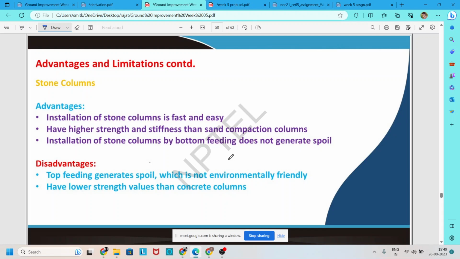Obviously, because in concrete we control the design, maintaining the cement, sand and aggregate, and by maintaining these we achieve our goal. So this has lower strength value than the concrete column.